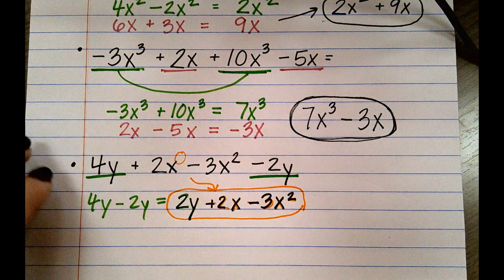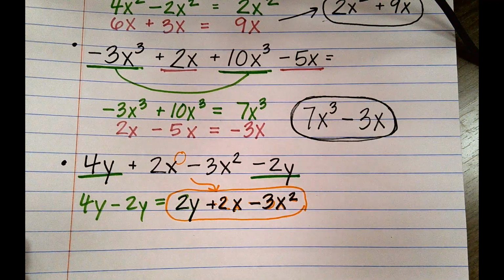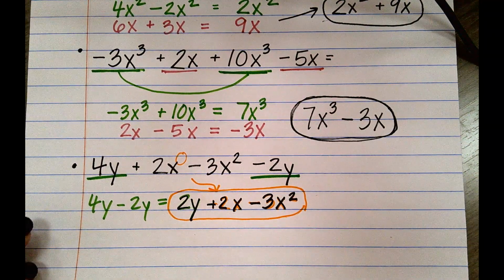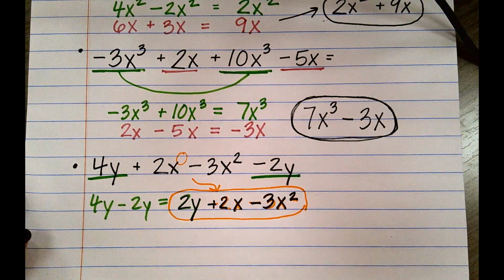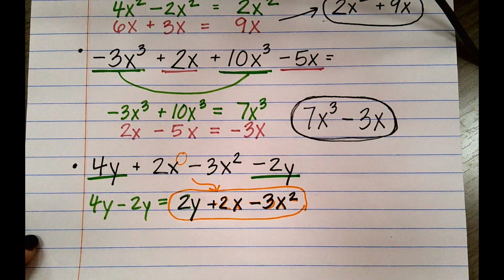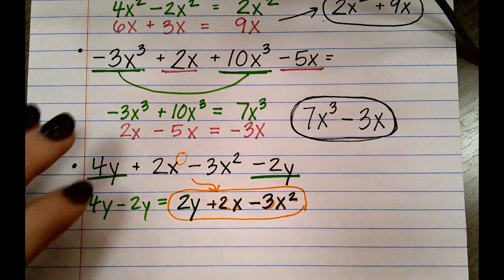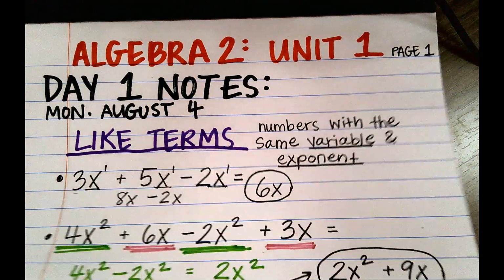I'm going to turn my page. Okay, so I'm going to go ahead and flip my page. Every time I flip my page, I do another little miniature title because I tear these out and I don't want to lose track of what we're doing.